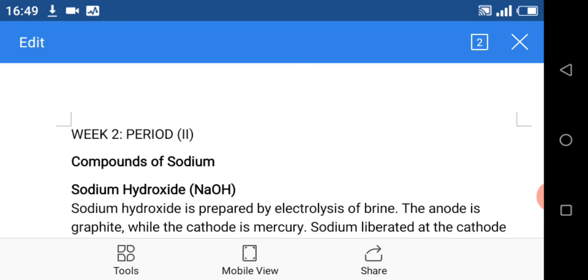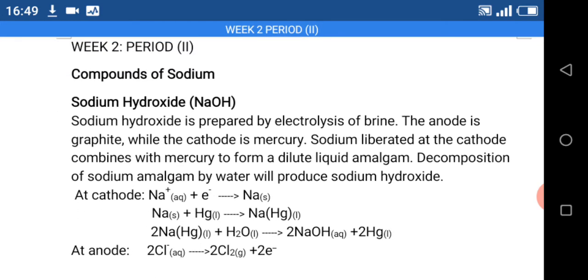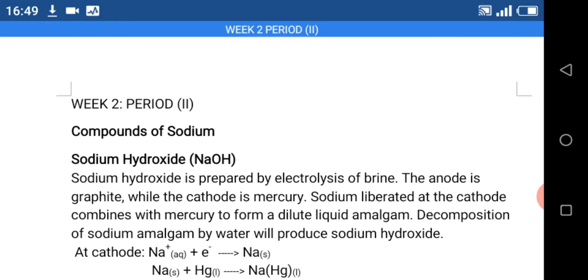You are welcome to another SS3 chemistry class for week 2, period 2. In the last class, we treated physical properties of sodium, chemical properties of sodium, and uses of sodium.